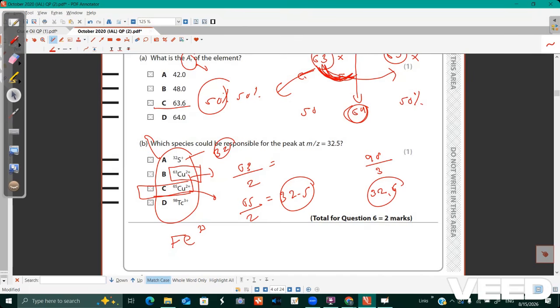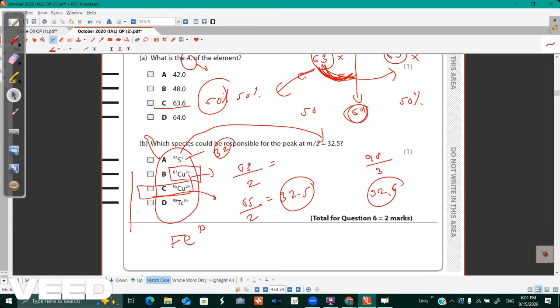Next time, sometimes they may give you sulfur with the same answer, but the remaining answers will be way off. In that case, the most suitable answer would be sulfur 32. But based on these answers, the most suitable one is this one. Keep that in mind. You are here to find the most suitable answer, right? So case by case, it's different.